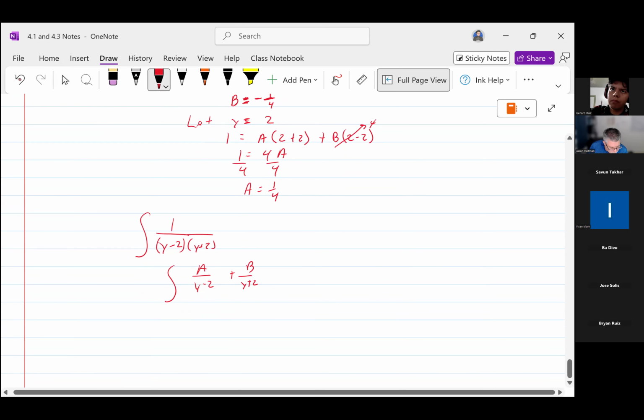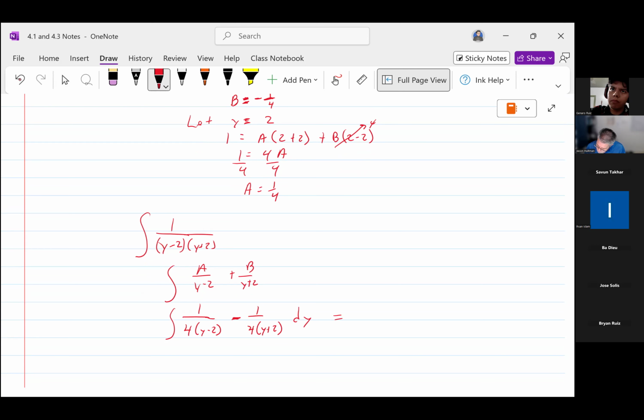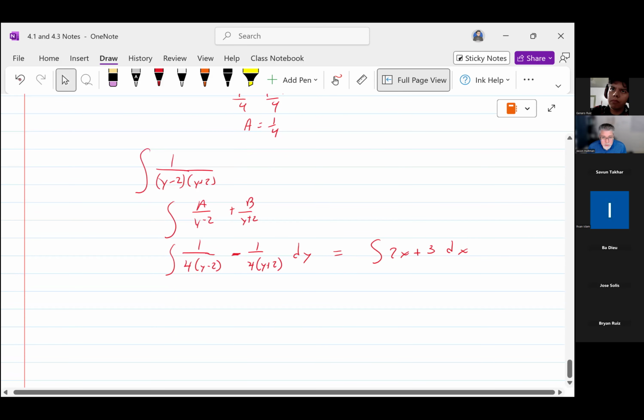A was 1/4, right? So this is 1 over 4 times y minus 2, and then minus 1 over 4 times y plus 2, because B was negative 1/4. And that's all going to be dy. That's on the left side there. This is still equal to the integral of 2x plus 3 dx. All we did was the partial fraction.